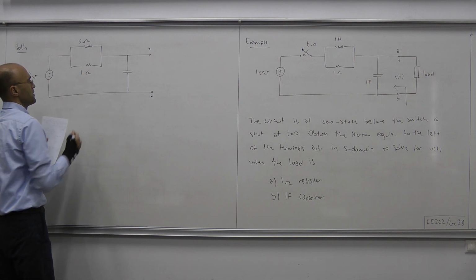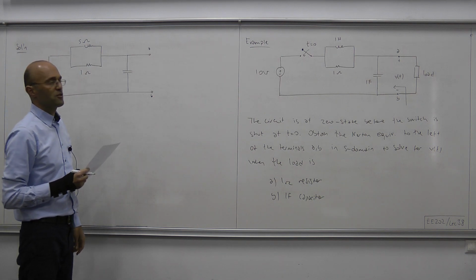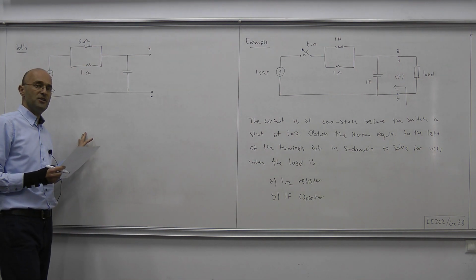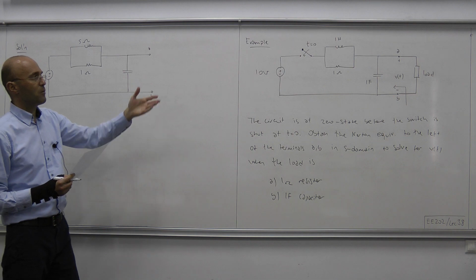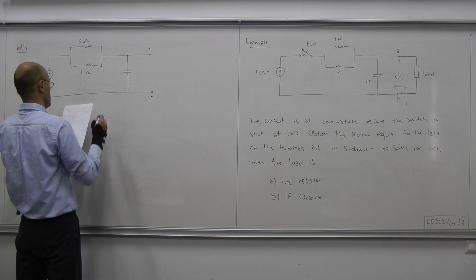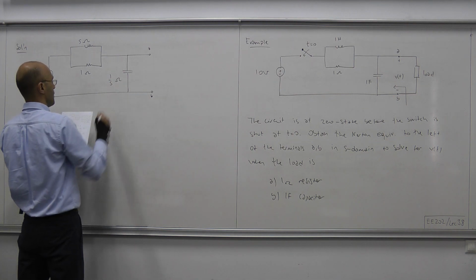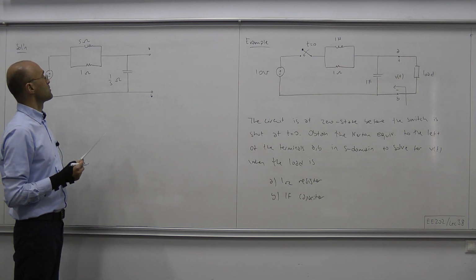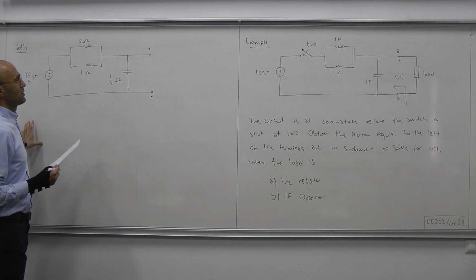We directly carry the resistances to S domain, and as for the capacitor, the impedance is 1 over SC. C being 1, we have therefore 1 over S ohms.